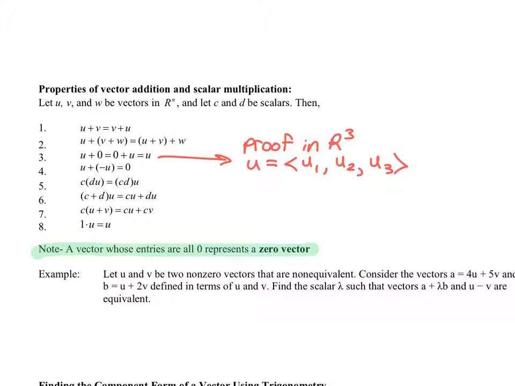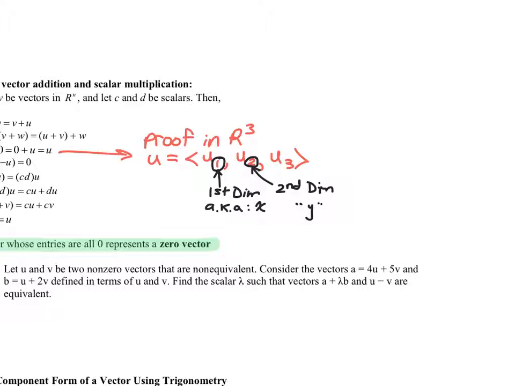Now, I write it that way because the 1 represents the first dimension, or aka the x. The 2 represents the second dimension. Also known as y. And then 3 would be the z dimension, or the third dimension.